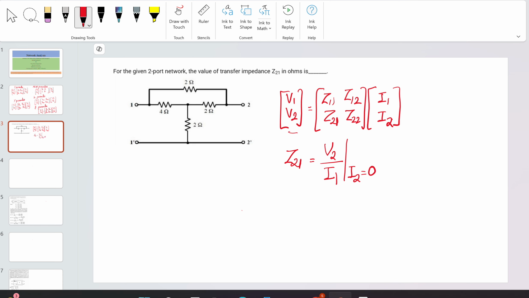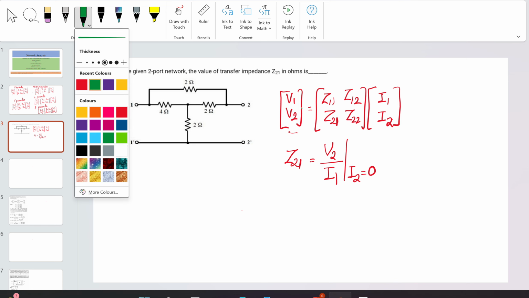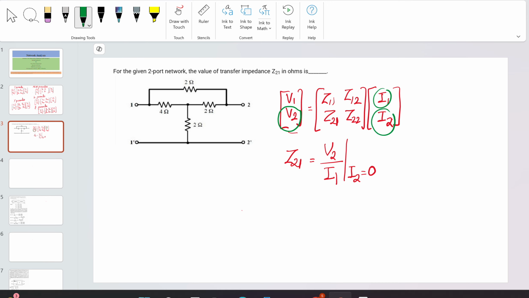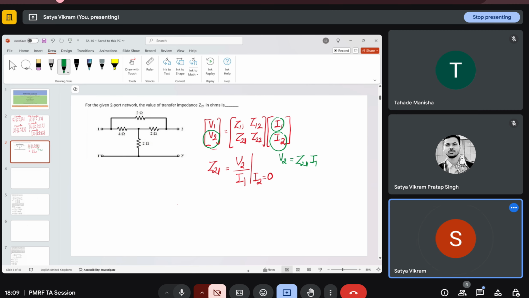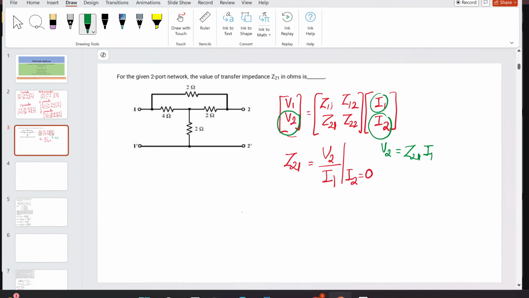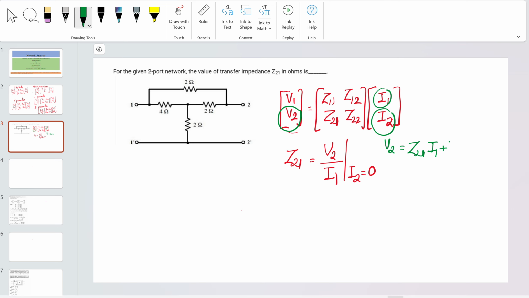We got it from here: V2 expanded is written as Z21 I1 plus Z22 I2. So what we need is V2 by I1, just this term, and at I2 equal to 0 you can get that parameter.